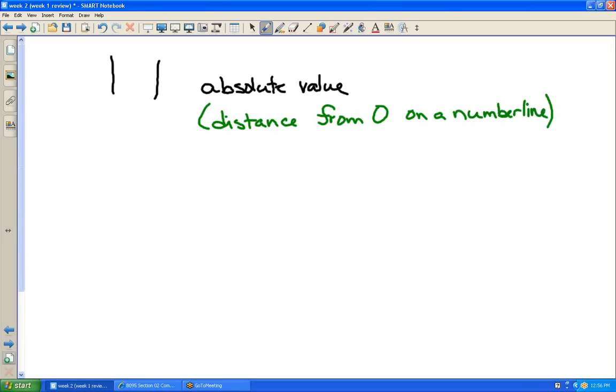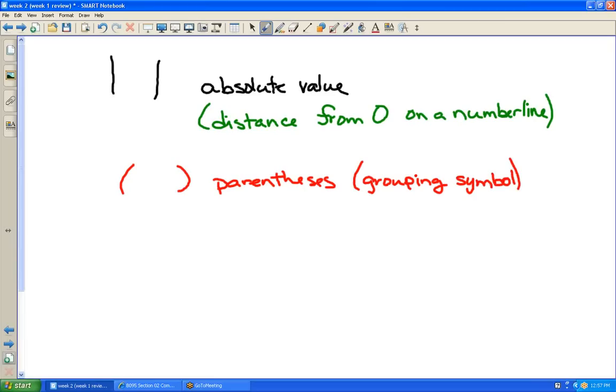Okay, I also think of them as like a field goal. And I know if somebody is trying to get a field goal, they have to kick the ball a certain distance. So I can remember distance that way. As a side note, these are parentheses. They're just a grouping symbol. They just get you to focus.